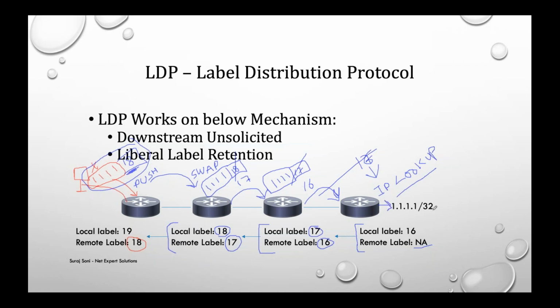So now a normal IP packet is sent out of the gig 0/0 so that it can reach the 1.1.1.1 destination IP. I guess it is clearly making sense to you how the control plane action is taking place and how the data plane action is taking place here. Okay, this is how the label distribution works.